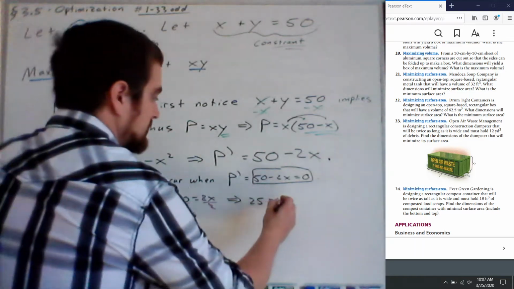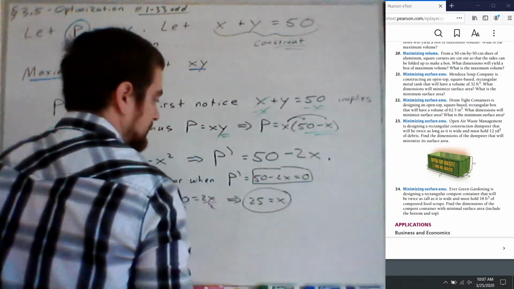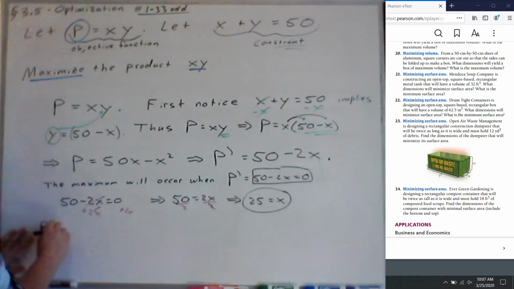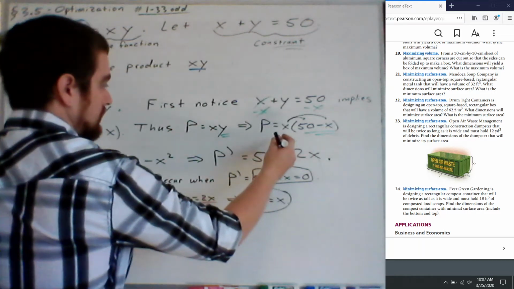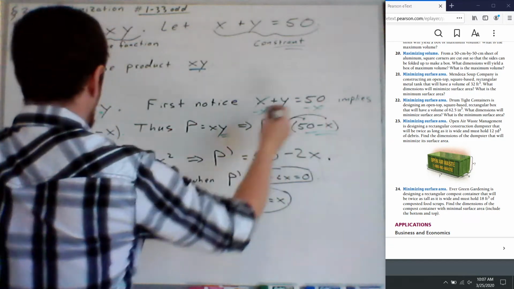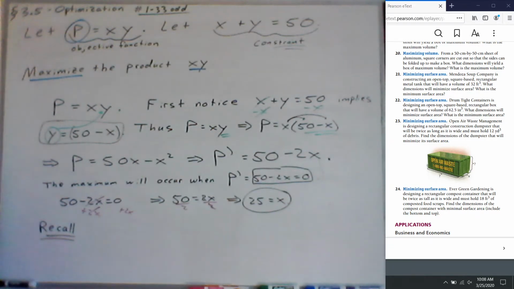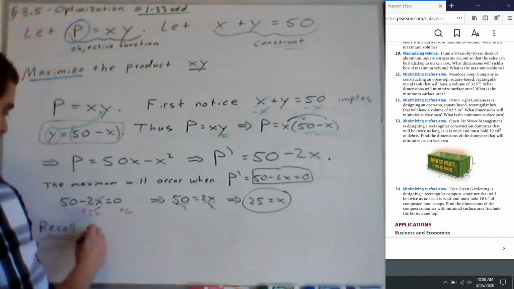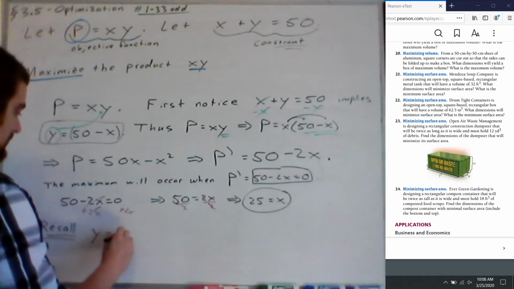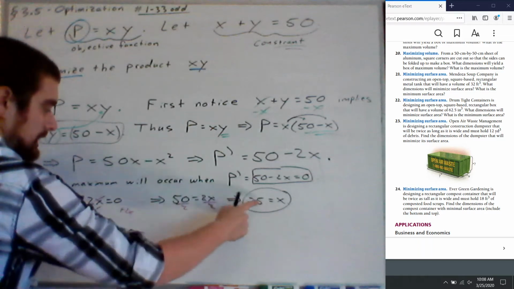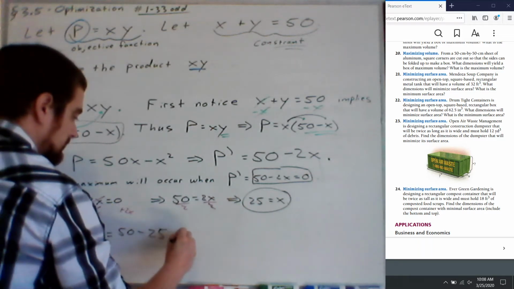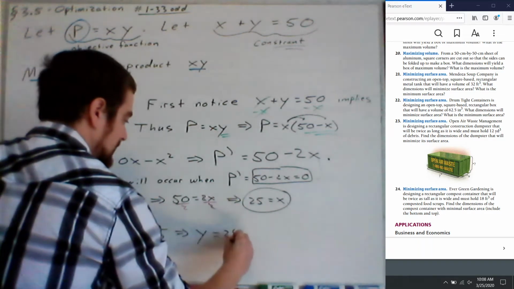Well, if 25 is equal to X, and we go back to this, I can find Y very quickly. Y is 50 minus X, which is 25, which means Y is 25 as well.